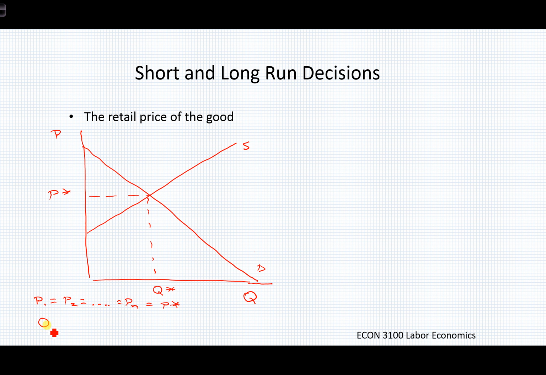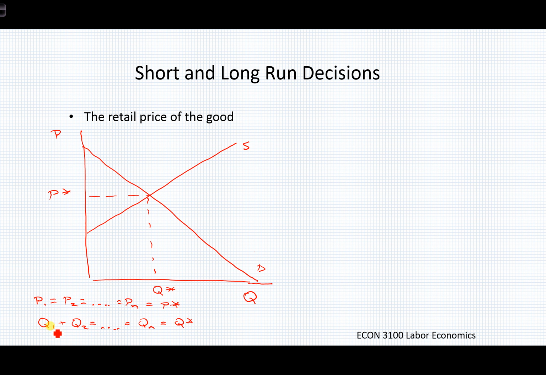Well, in Q star, let's think about this from the firm. The quantity one firm produces plus the quantity a second firm produces plus the quantity that the nth firm produces is Q star. So that's the entire quantity supplied. Now we could look at this from the demand side as well.